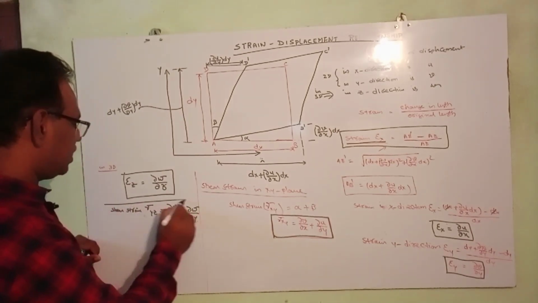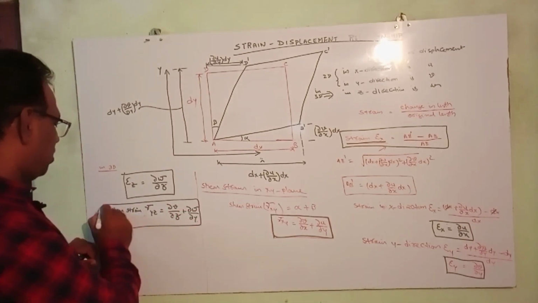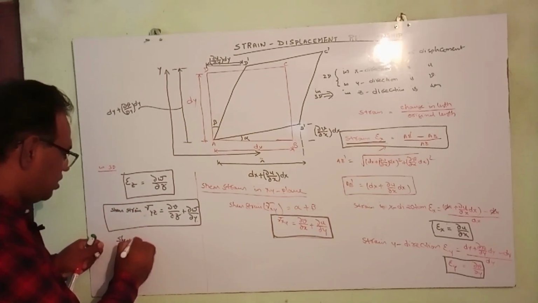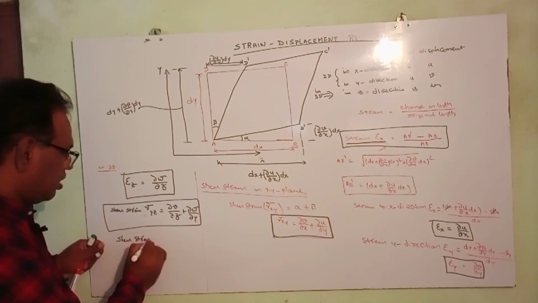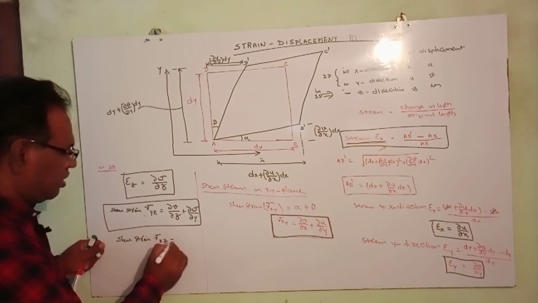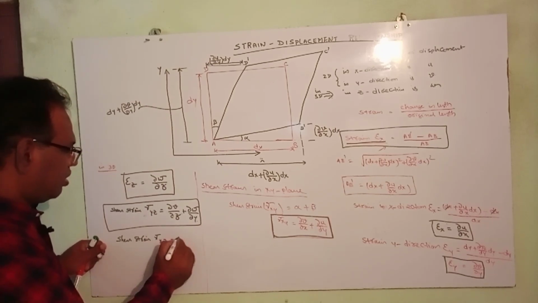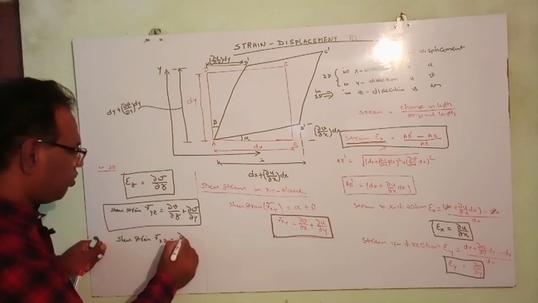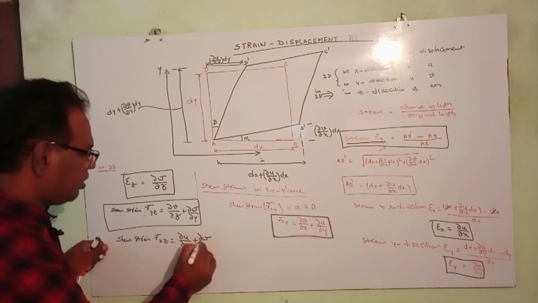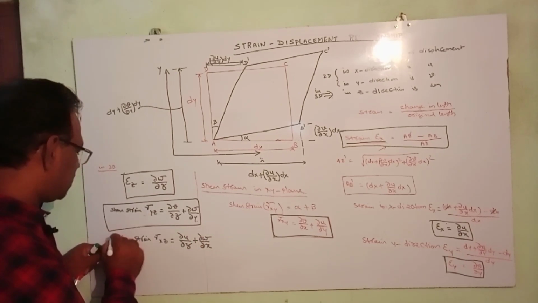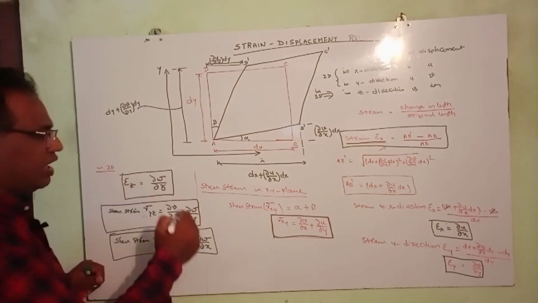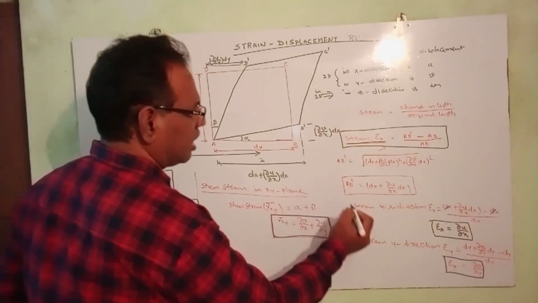This is the shear strain in the YZ direction. Similarly, the shear strain gamma XZ in the XZ plane is given by dou u by dou z plus dou w by dou x. These are the shear strains in the respective directions.